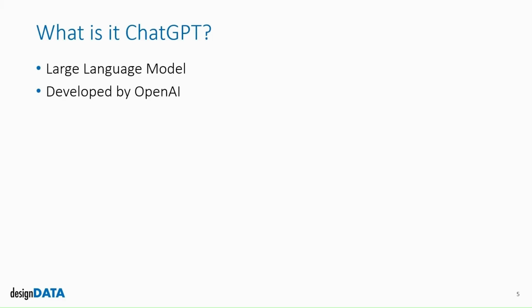According to ChatGPT itself, a large language model is an artificial intelligence system designed to generate human-like text or speech. Large language models can be trained on various types of text data, including books, articles, and websites, and they can be fine-tuned for specific tasks, such as language translation, text completion, question and answering, and more.